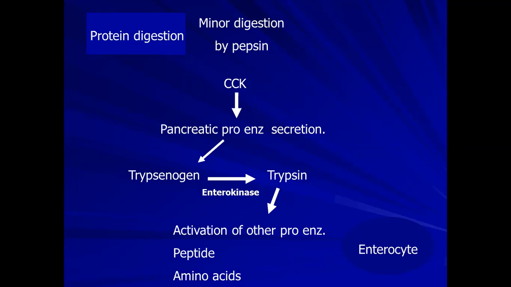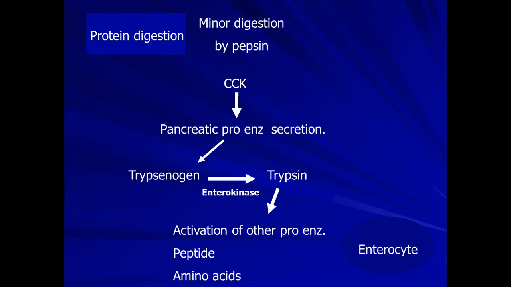the digestion starts in the stomach, where there is minor digestion by pepsin, and also physical digestion by contraction of the stomach muscle. Then the food particles are propelled through the pylorus to the first part of the duodenum, and the second part, where cholecystokinin acts, stimulating pancreatic proenzyme secretion: trypsinogen, trypsin, with the help of enterokinase.